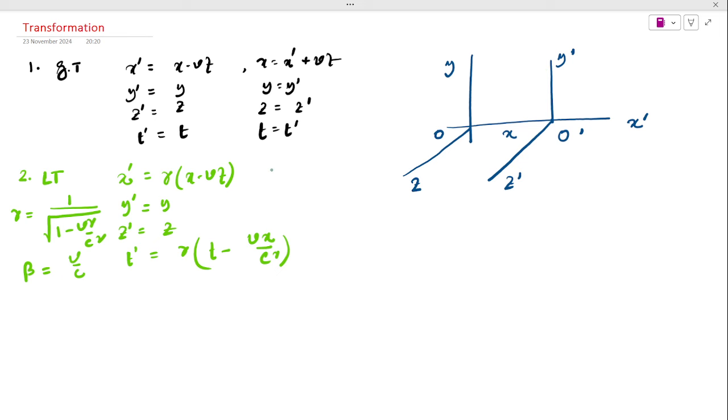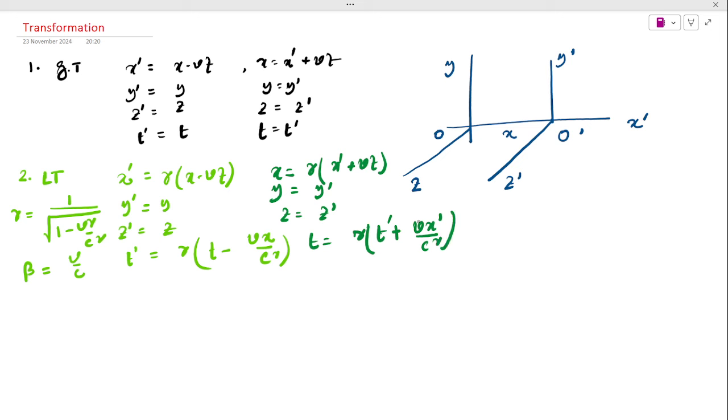And their inverse transformation would be x equal to gamma into x dash plus vt dash, y equal to y dash, z equal to z dash, and t equal to gamma into t dash plus vx dash by c square.